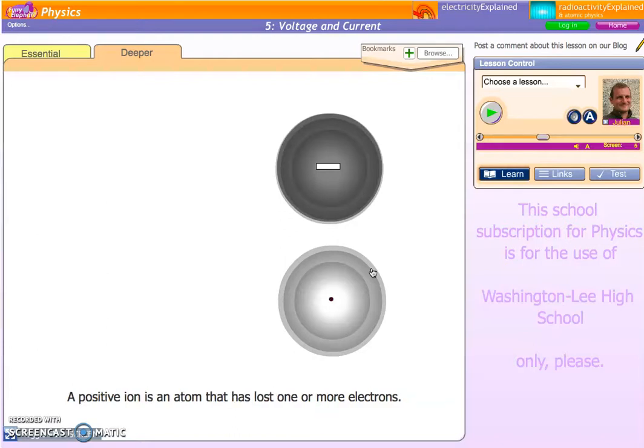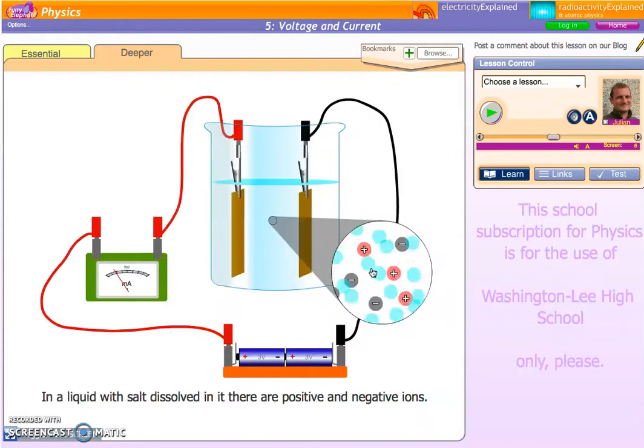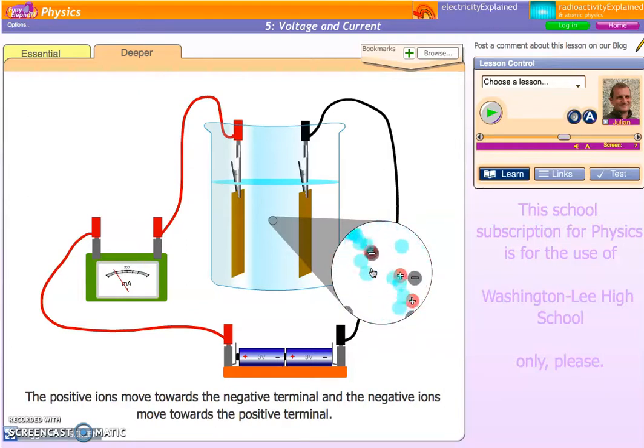A positive ion is an atom that has lost one or more electrons. In a liquid with salt dissolved in it, there are positive and negative ions. The positive ions move towards the negative terminal, and the negative ions move towards the positive terminal.